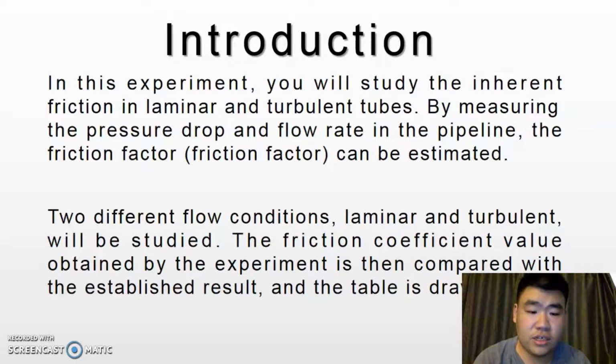The friction coefficient value will be obtained by the experiment, and it will also be compared with the established results, and the table can also be drawn from the data and analyzed.